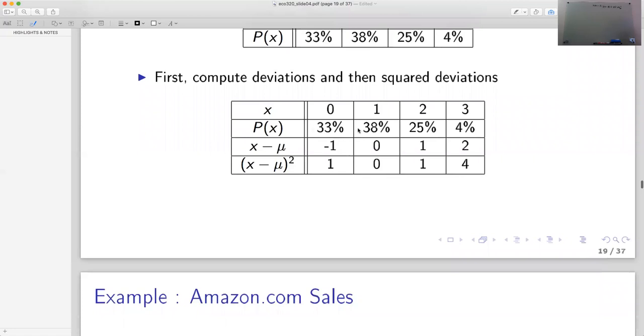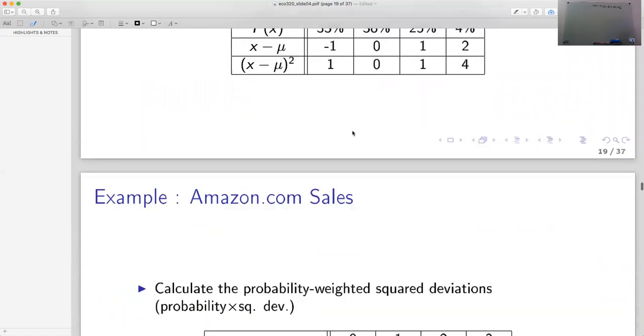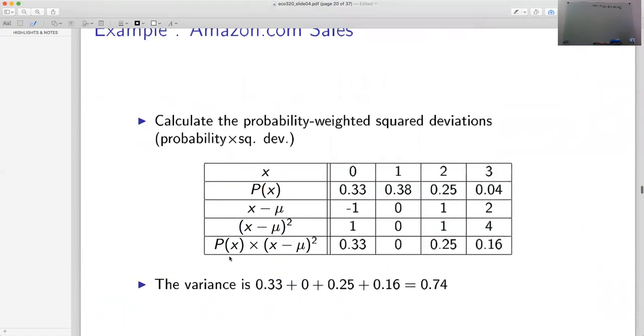If you have probability involved, then you need to multiply the probability times those square terms. For example, 0.33 times 1, plus 0.38 times 0, 0.25 times 1, 0.04 times 4. You get all these 4 numbers and finally you add them.